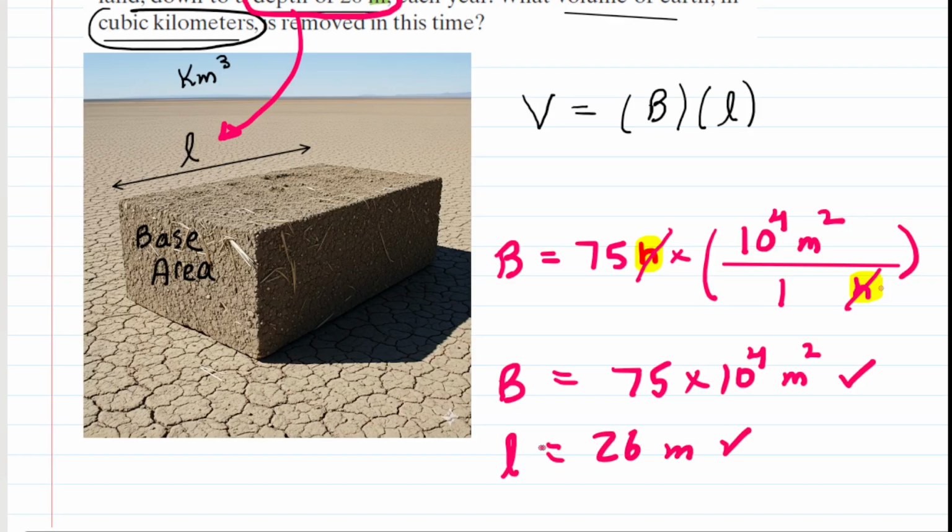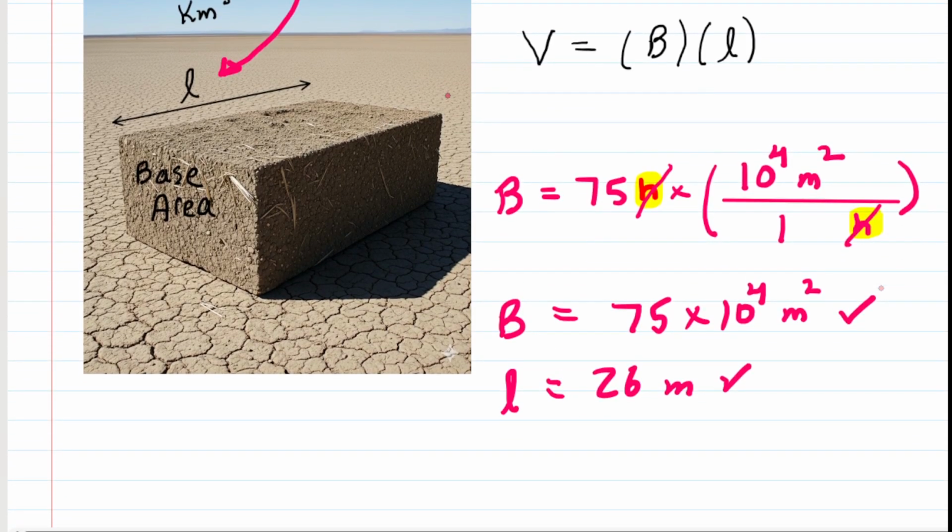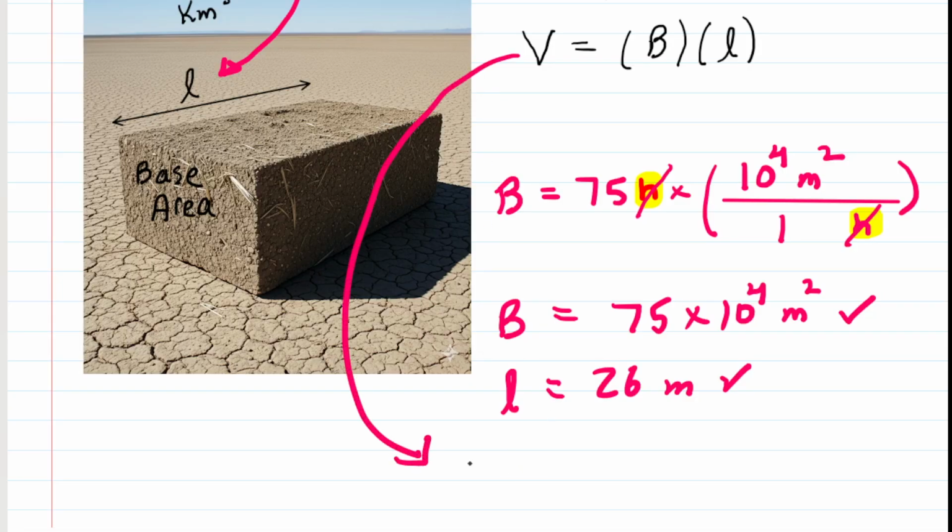So now that we have the length and the base area in consistent units, we can now calculate the volume of this chunk of Earth. So recall that the volume was the base area times that length. So we're going to go ahead and take our base area that we converted into meters squared, and then just multiply that by the length, which is in meters.